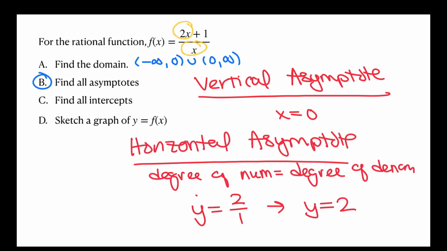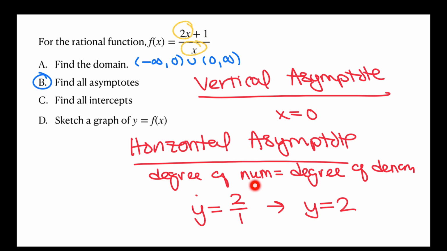To find horizontal asymptotes, we learned that there are 3 different cases. If you want to see how to find horizontal asymptotes in more detail, please look at the previous video. But this is the situation where the degree of the numerator is equal to the degree of the denominator. I have a 2x in the numerator and a 1x in the denominator.